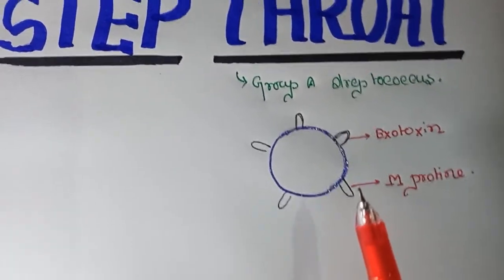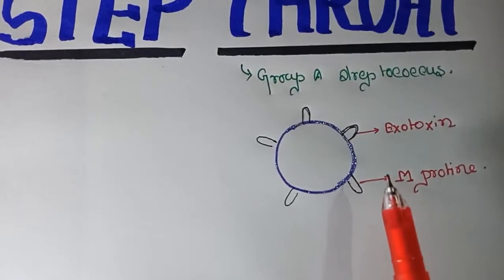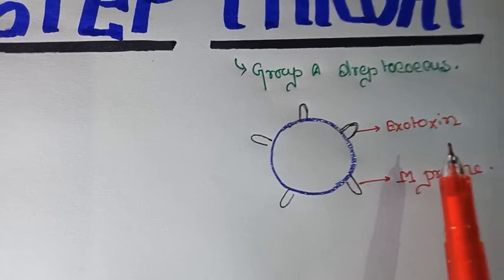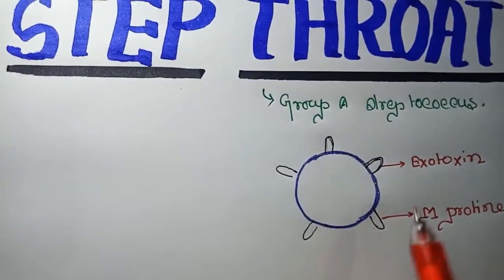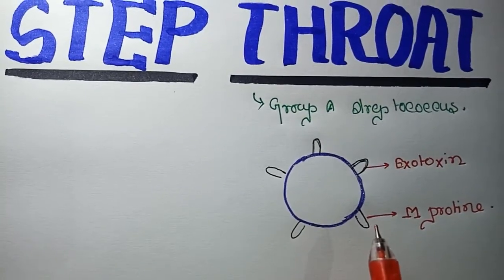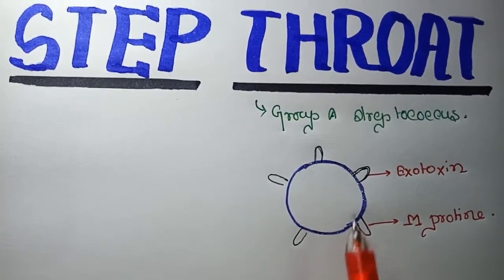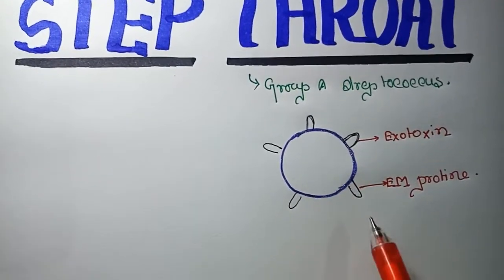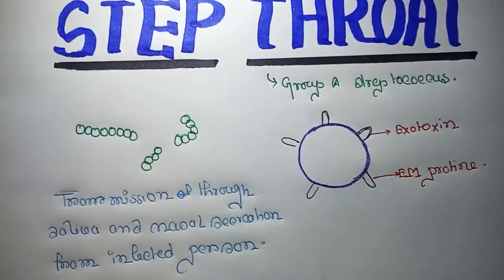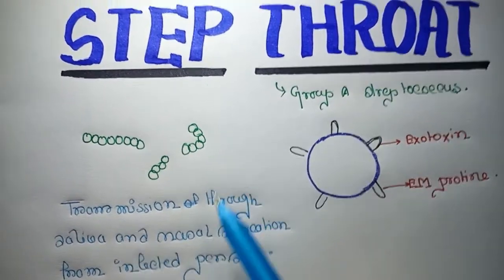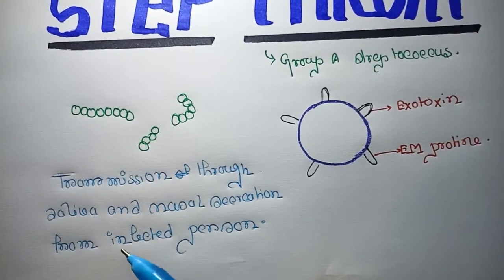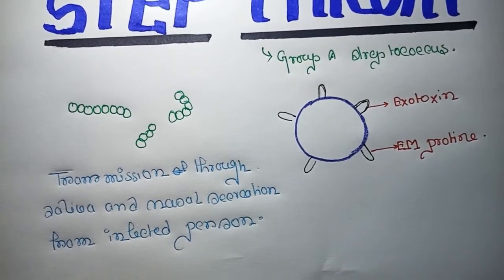Group A Streptococcus are beta hemolytic cocci able to produce some exotoxins, and they also contain many surface antigens that play a vital role in the pathophysiology, such as the M protein. Transmission of strep throat is via saliva or nasal secretions from an infected person.